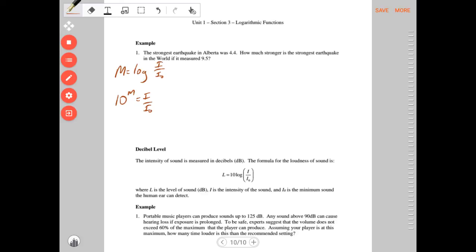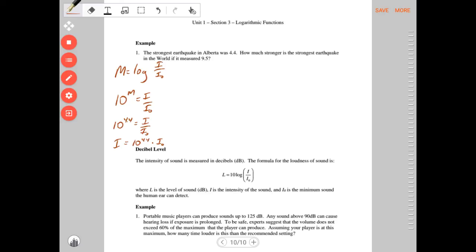So just how intense was this Alberta earthquake? The Alberta earthquake was 4.4, so 10 to the 4.4 equals I over I0. Really, I would be 10 to the 4.4 times I0.